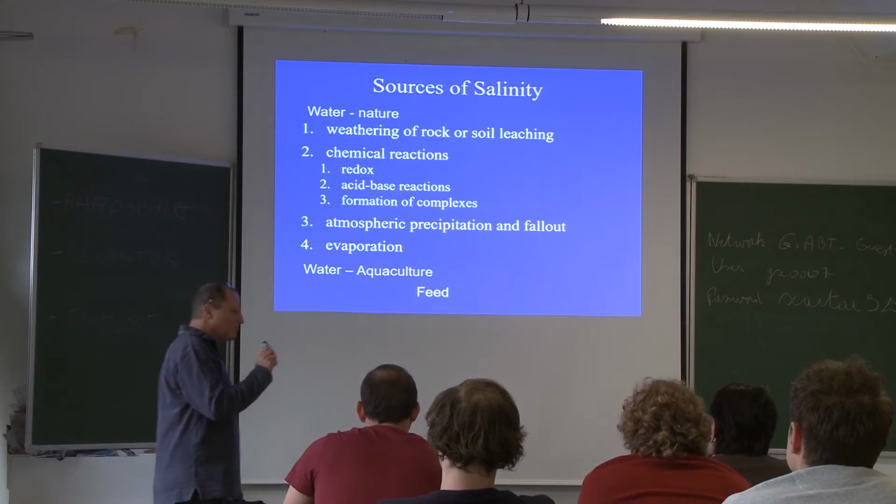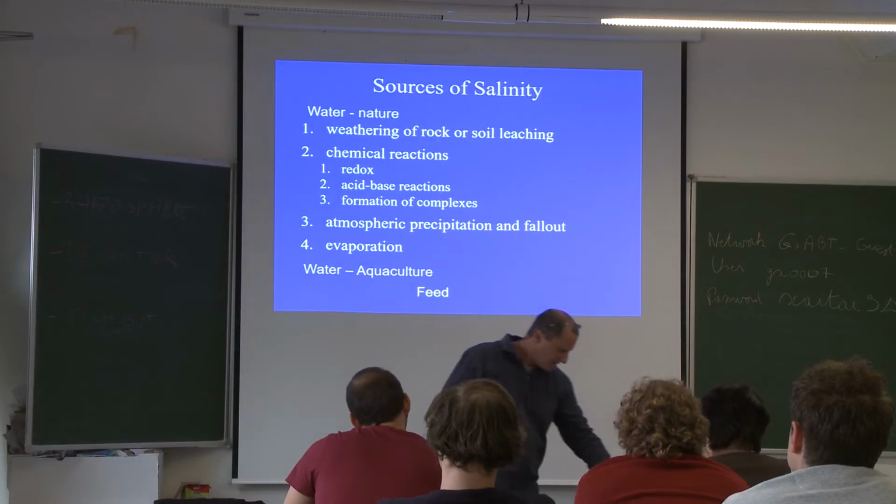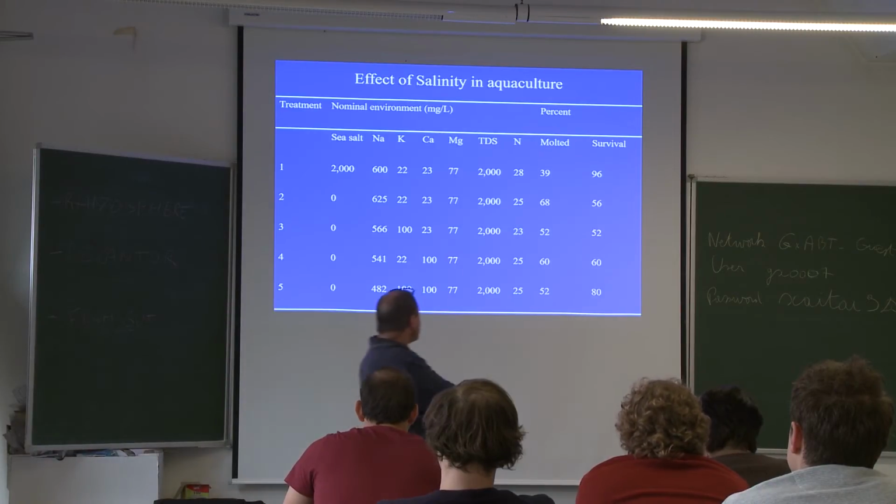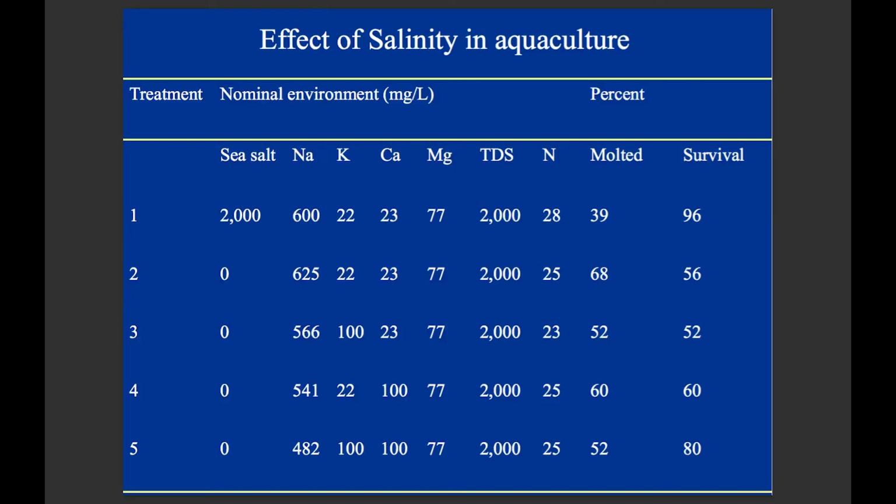And the fish feed is not always balanced. Just to demonstrate the point that I was making, we ran this experiment with shrimp. And we used sea salt as control. Can you see? And that was the first diet. These are the water quality treatments.